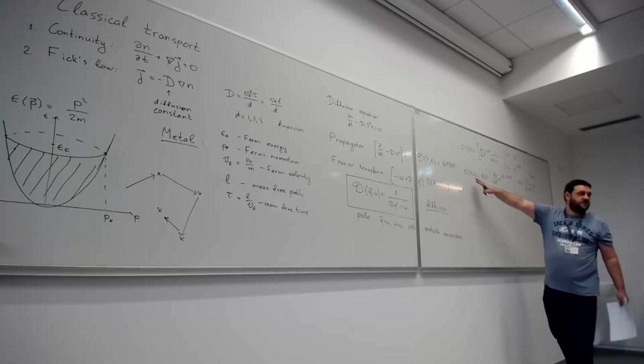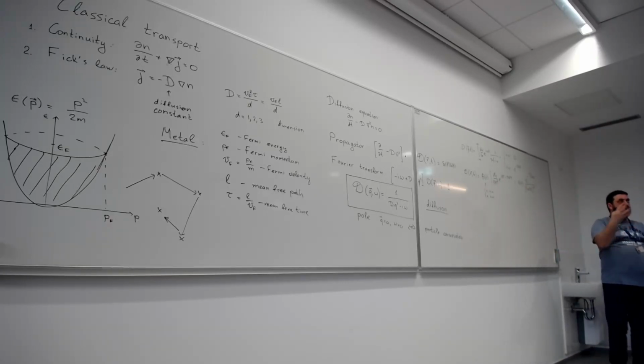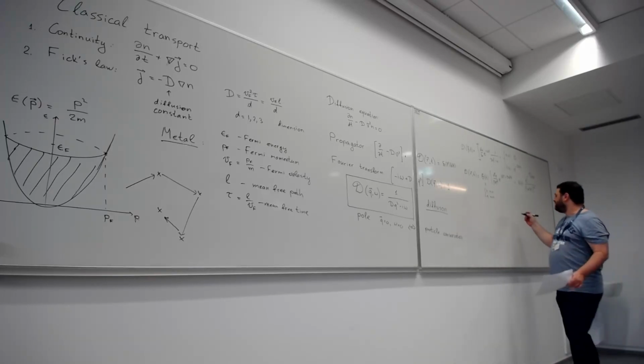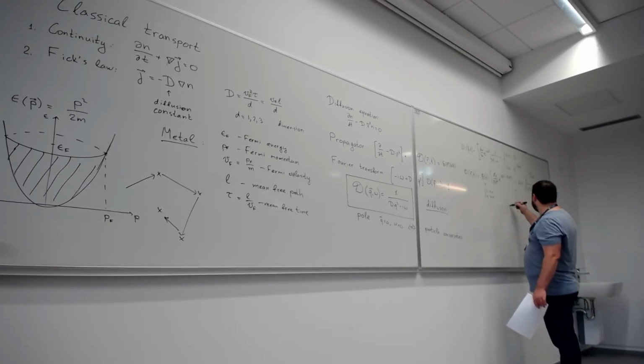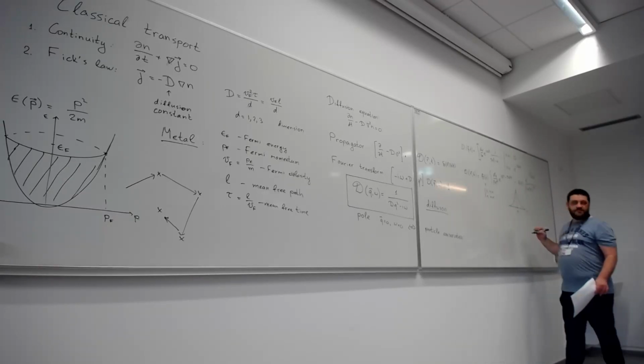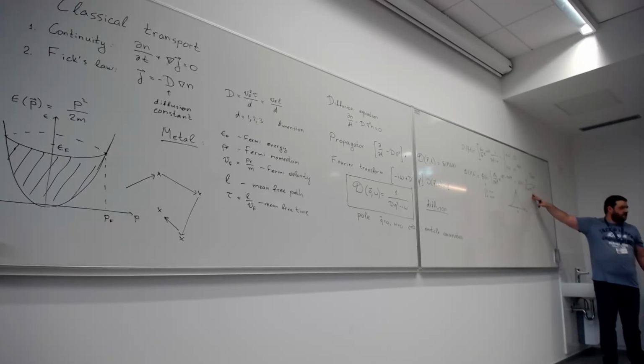So this solution, this function D of r and t, has a very simple meaning. You can almost imagine how it looks. In real space, this is r, this is point 0. This is a Gaussian function. It looks like this at some given point of time t.